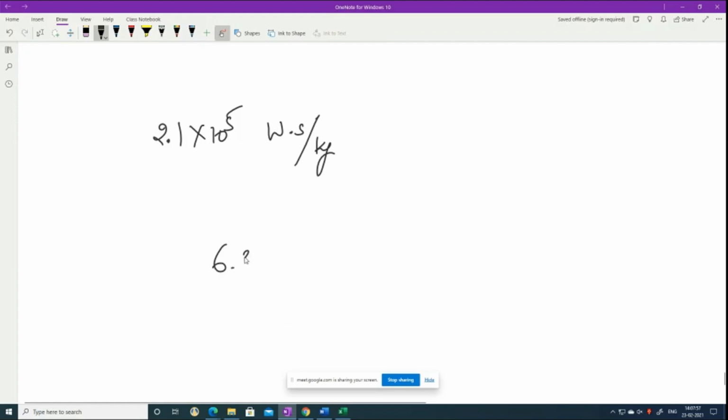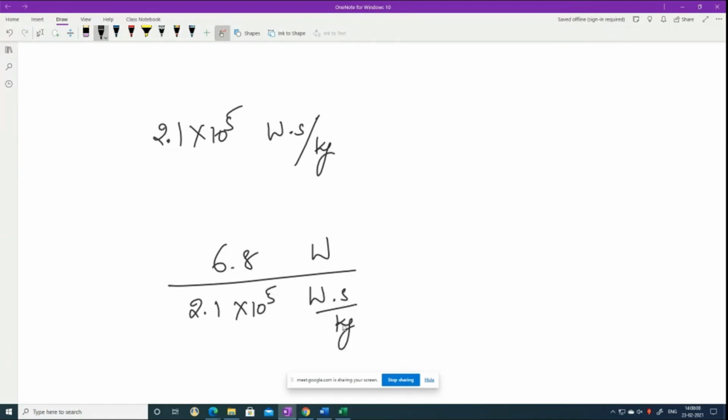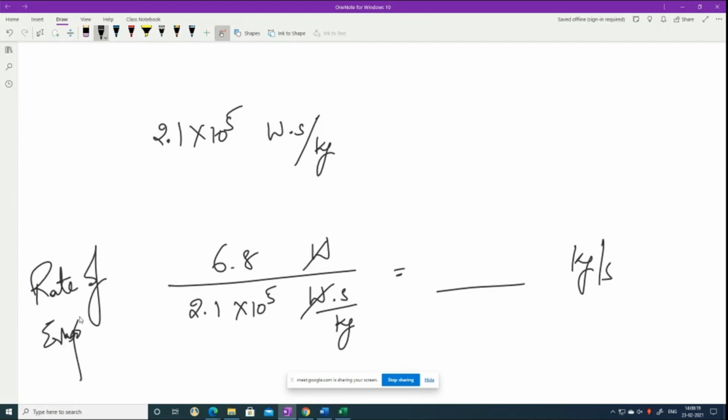That is 6.83 watts divided by 2.1 into 10 to the power of 5 watt second by kg. What gets cancelled? You'll get so much kg per second. This will be the rate of evaporation.